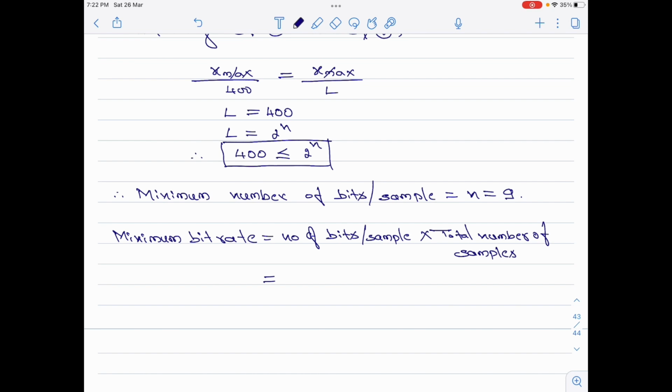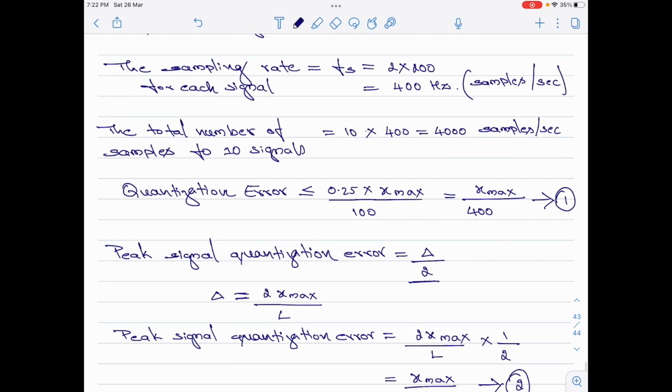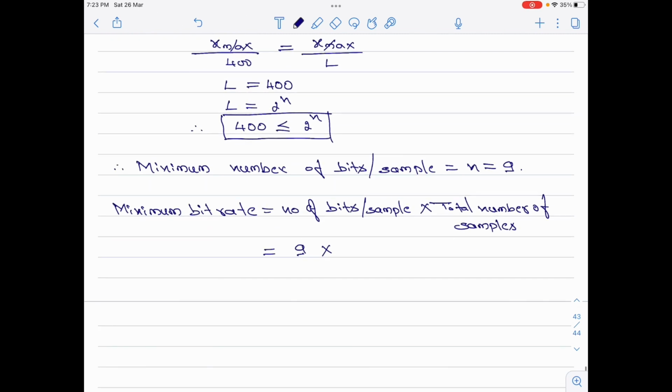Therefore, the minimum bit rate will be the number of bits per sample, 9, multiplied by the total number of samples we have found previously, which is 4000 samples per second. Therefore, this is equal to 36,000 bits per second.